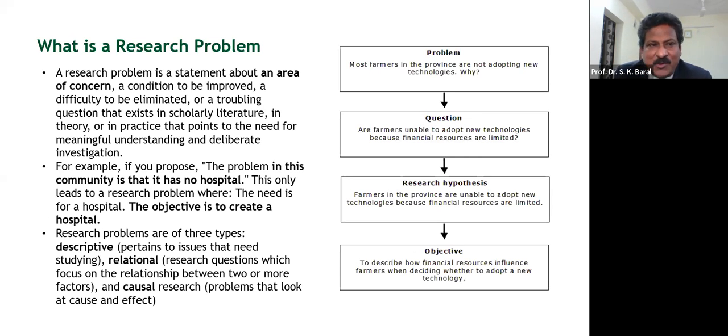And I will be telling you what a research problem is. A research problem is a statement about an area of concern, a condition which is expected to be improved or difficult to be eliminated, or troubling questions that exist in the scholarly literature, in your mind, or in theory. For example, the problem in this community is that it has no hospital.